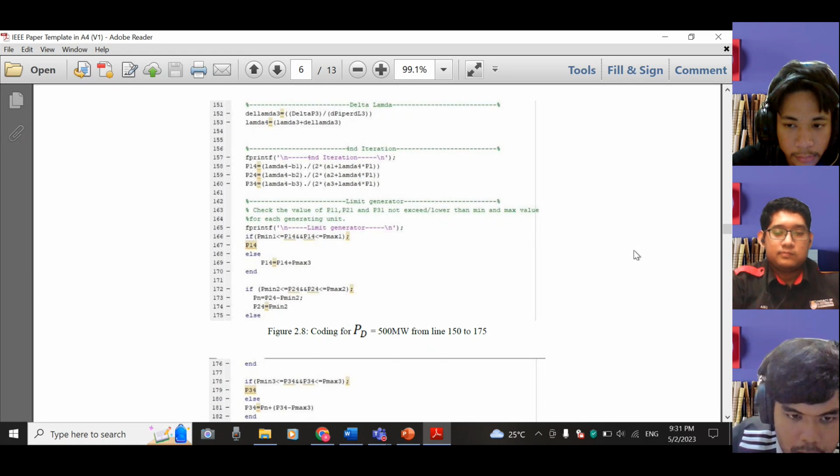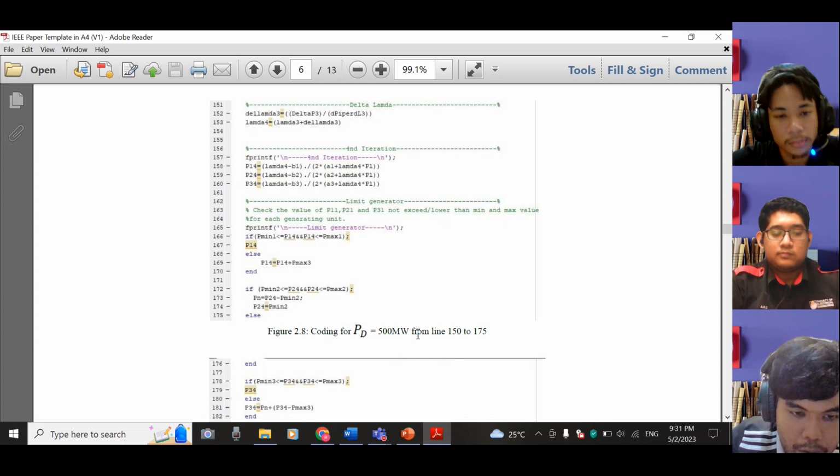And we can see if P min 2 is below or equal to P24 and P24 is below or equal to P max, it will choose P24.